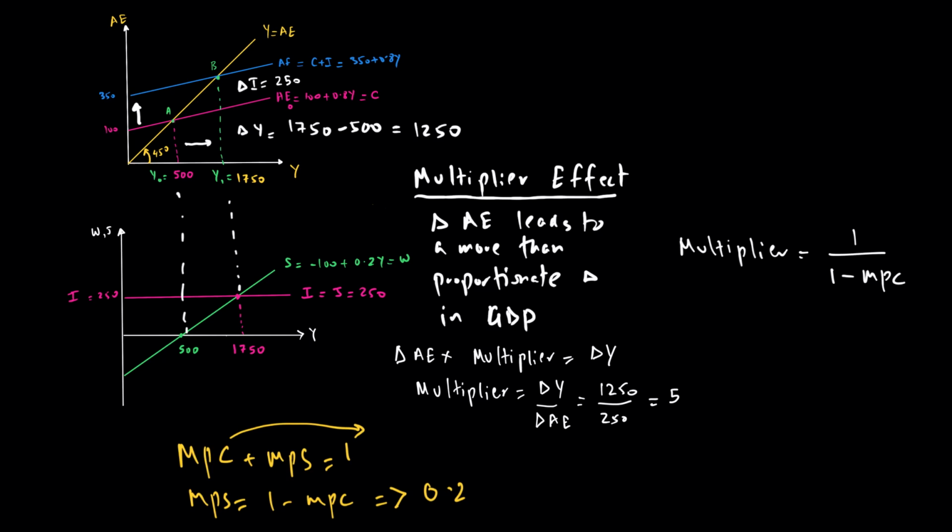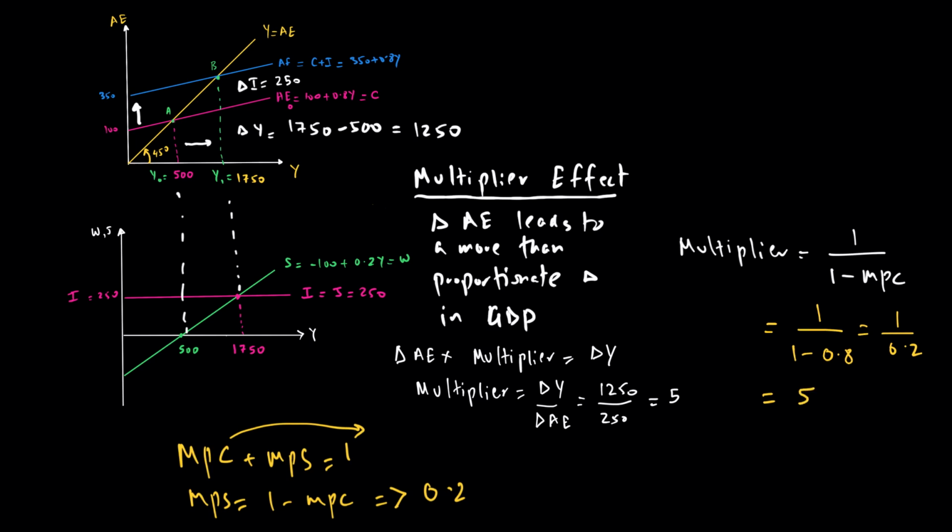So 1 minus MPC would be 1 minus 0.8, which is equal to 0.2, so the multiplier is 1 over 0.2. And if we do 1 over 0.2, we will get our multiplier value to be equal to 5.